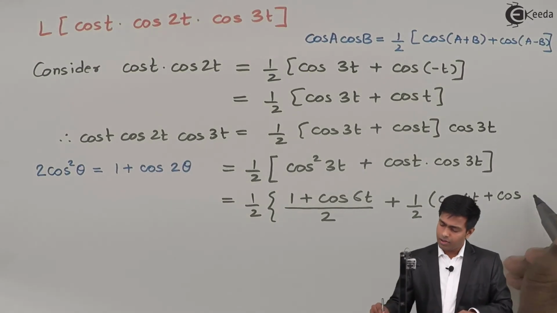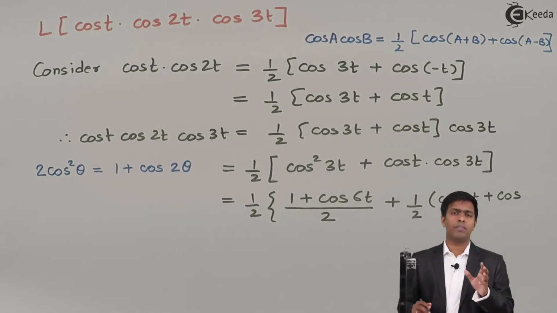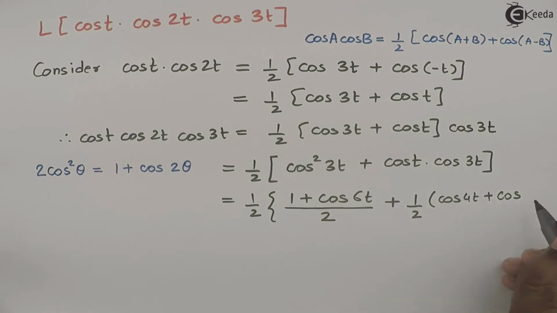But due to the formula of cos of minus theta equal to cos theta, I can say that cos of minus 2t is cos of 2t.